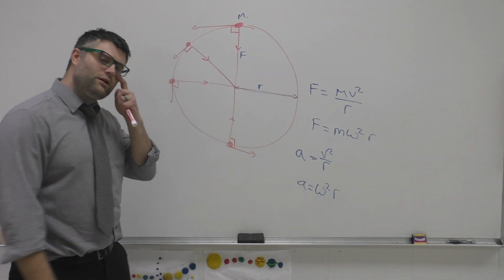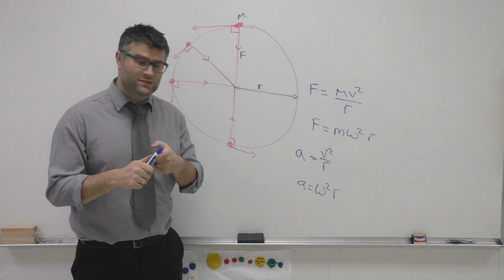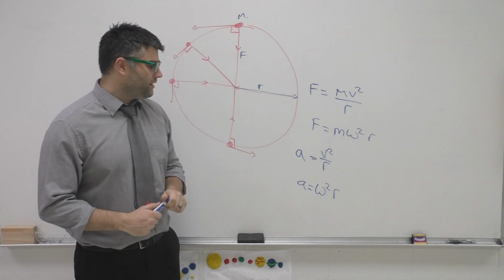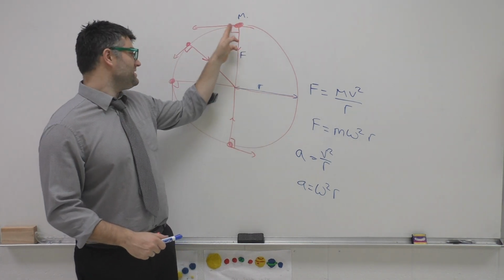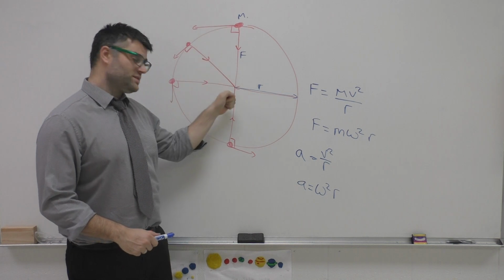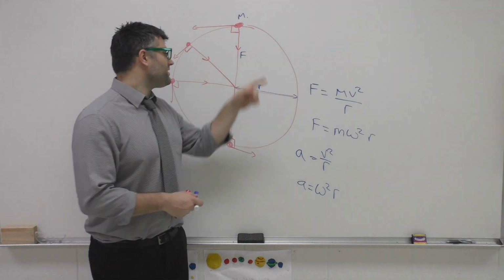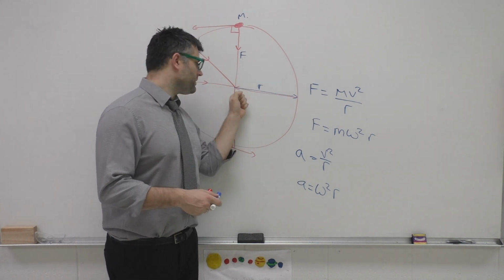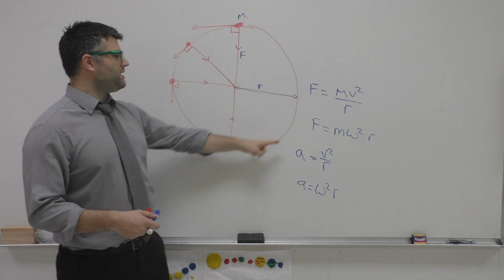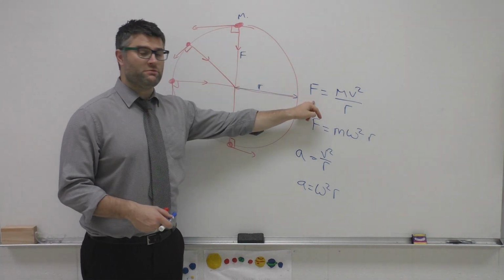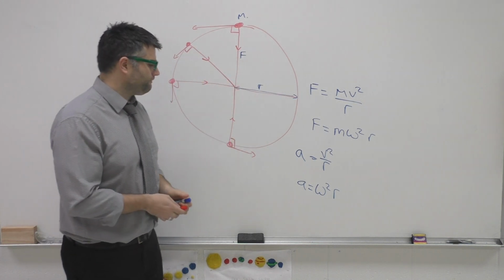And we now have a lovely bunch of equations that allow us to work out not only the centripetal force here, but also the value of the acceleration, the rate at which this is being accelerated towards the center of this circle. Obviously, it never actually gets to the center of the circle because we're maintaining the radius and we're maintaining this speed. And this is the force that will be required to maintain this speed, to maintain the circular motion.